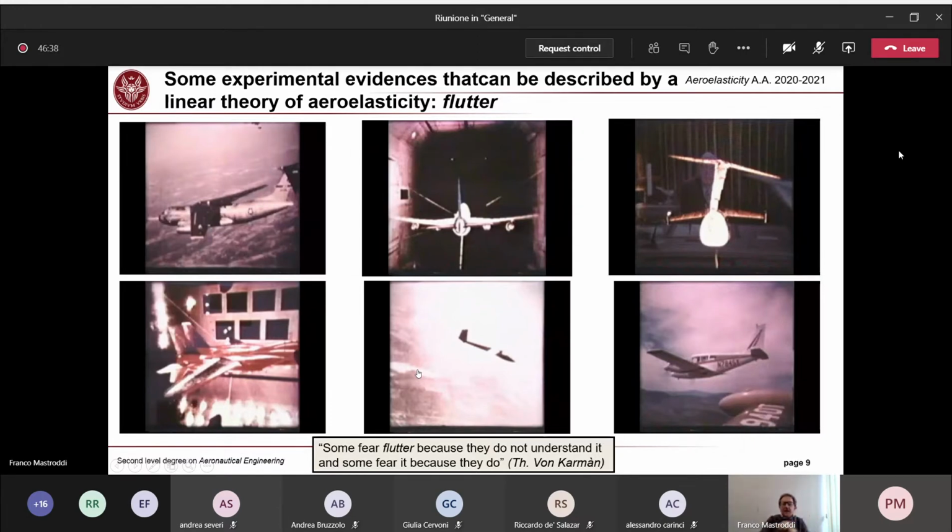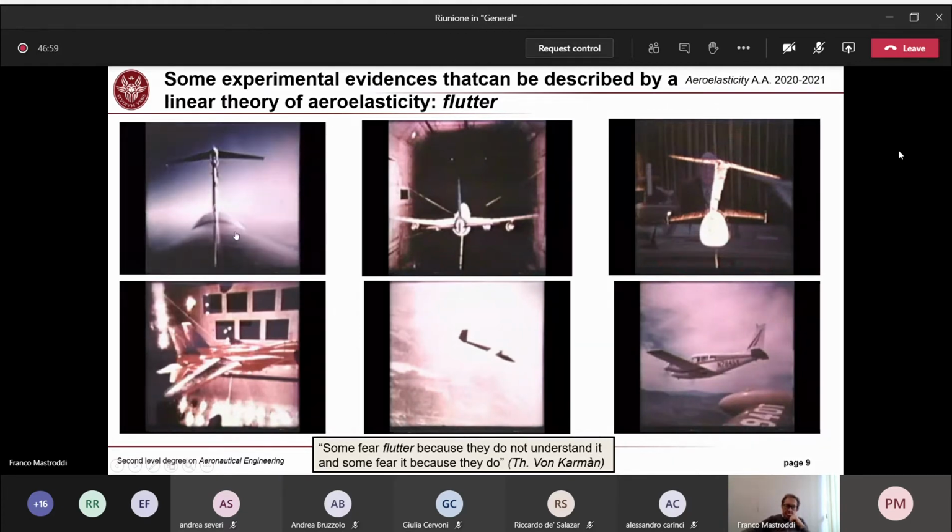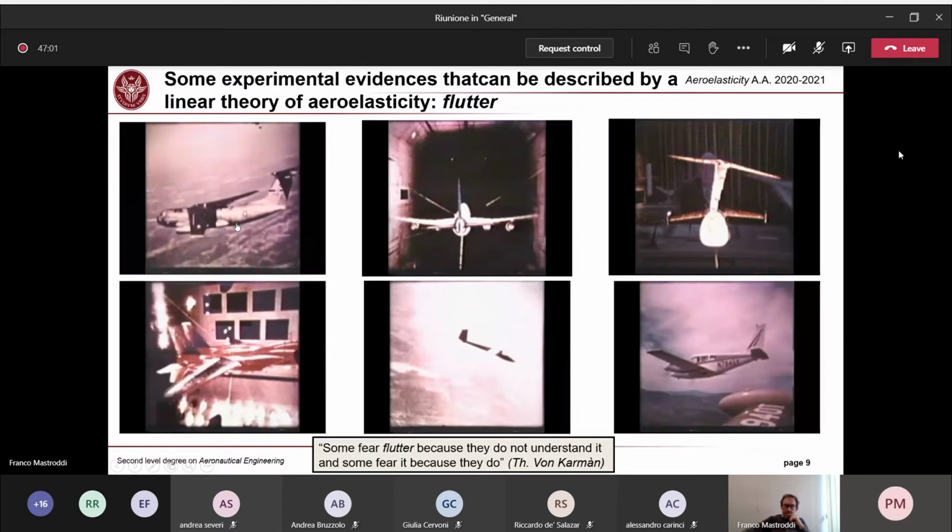But in critical condition, you will have something like this. And what is this? Is it bending? Is it torsion? How is this vibration related to the original structural modes of vibration? What is the relationship between this coupled, fluid-structure interaction vibration and the pure structure vibration?